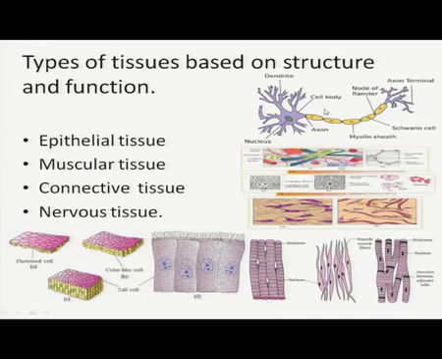So, in short, we can categorize the tissues into 4 different groups: epithelial tissue, muscular tissue, connective tissue and nervous tissue. These are the 4 different types of tissues present in animals based on structure as well as function.